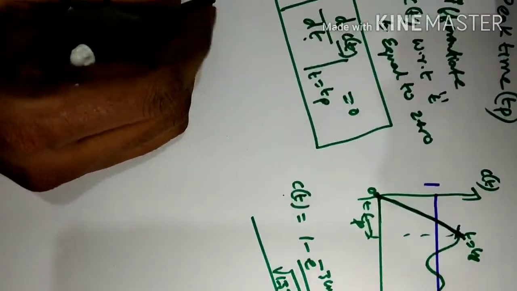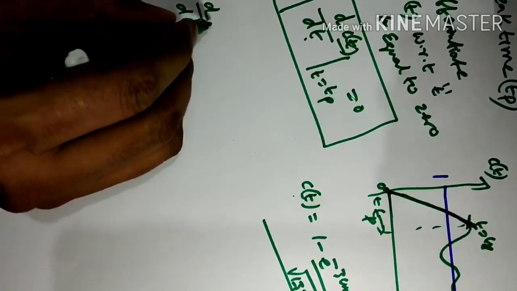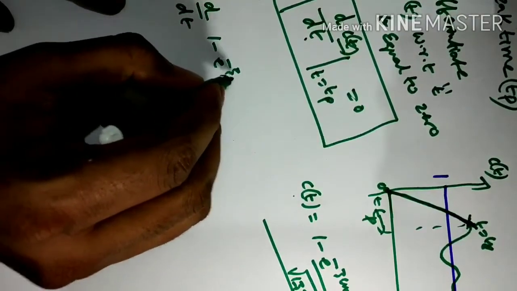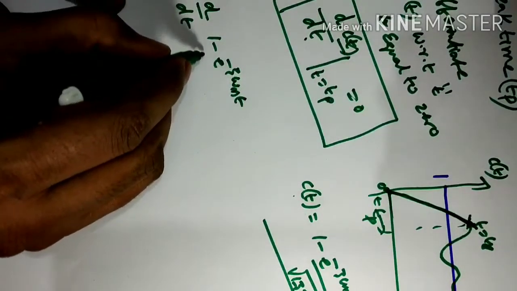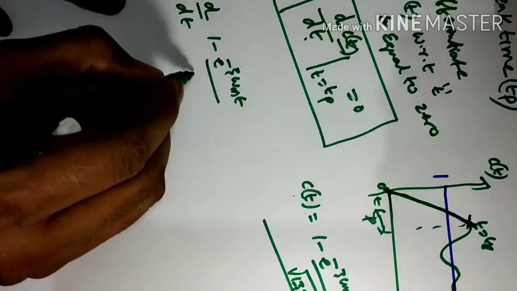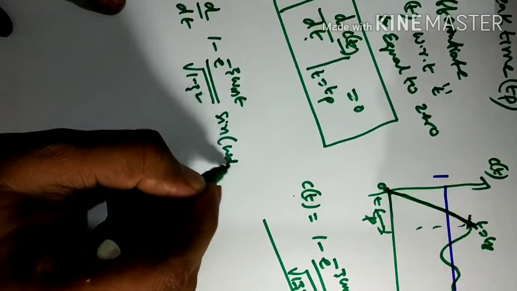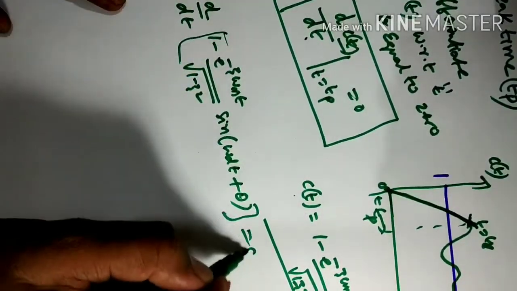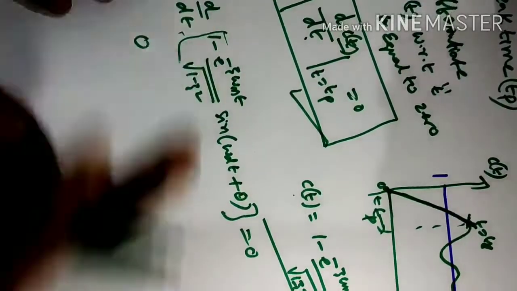So dy by dt, c of t is equal to 1 minus e raised to minus zeta omega n t by root of 1 minus zeta square sine omega d t plus theta. When I differentiate the constant 1, it becomes 0.